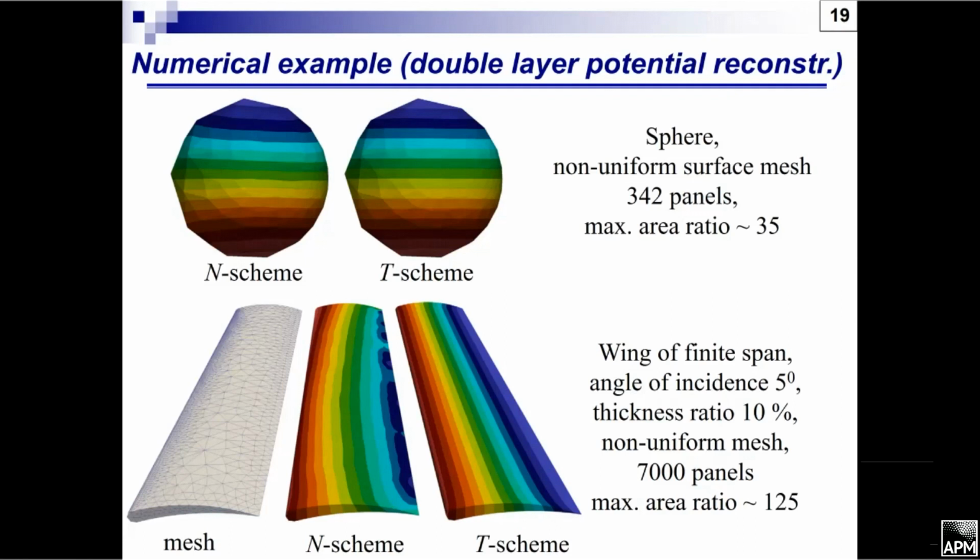The advantages of our approach are much clearer if we consider the simulation of a ring airfoil of finite span. You see that the traditional scheme, which requires solving a hypersingular integral equation, leads to not very accurate, not symmetric solutions, while our scheme gives maybe not perfect, but much better solution.